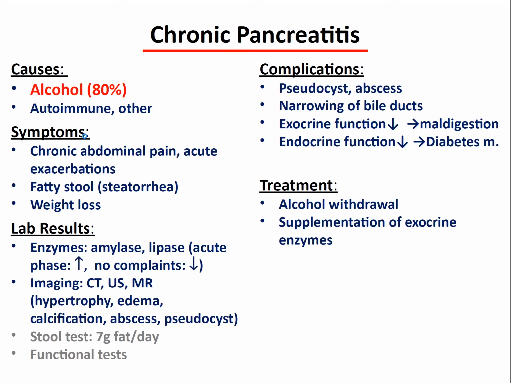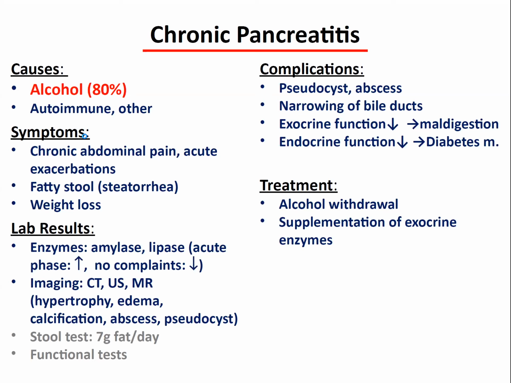In CT, ultrasound or MRI, we see an enlargement of the pancreas, which can be edema, calcification, abscesses or pseudocysts. Why is the pancreas enlarged? Because fibrotic tissue replaces the pancreatic tissue. And in the stool, we have a lot of fat, so steatorrhea can happen.